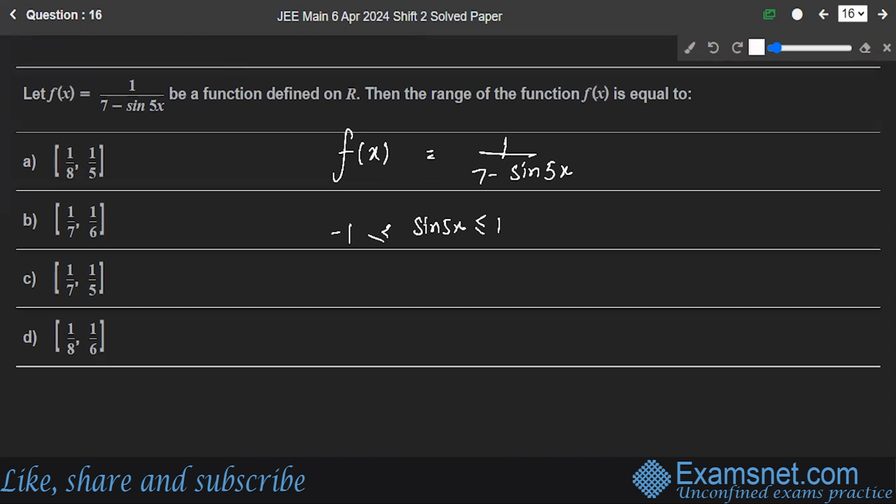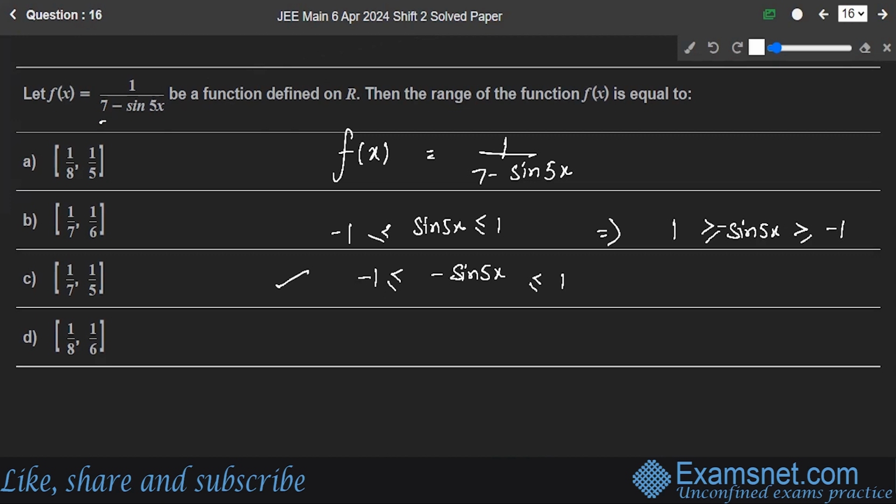So if I multiply all the sides by -1, this will give me -1 less than or equal to this, because multiplying both sides by -1 will reverse the inequalities. So -1 is greater than or equal to -sine 5x, which is greater than or equal to -1, or this can be written this same way only, right?